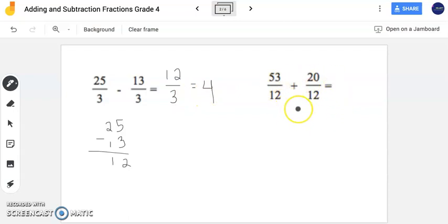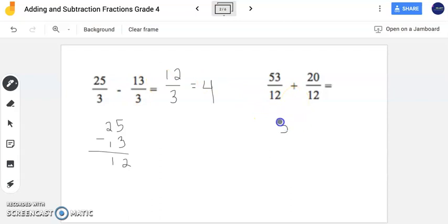Now in this problem here we have twelfths. I notice we have two improper fractions, but both my denominators are 12. Therefore, you can simply add or subtract my numerators. Now it's very important that you always take a close look at the operation given to you. In this problem we had subtraction, but in this problem we have addition.